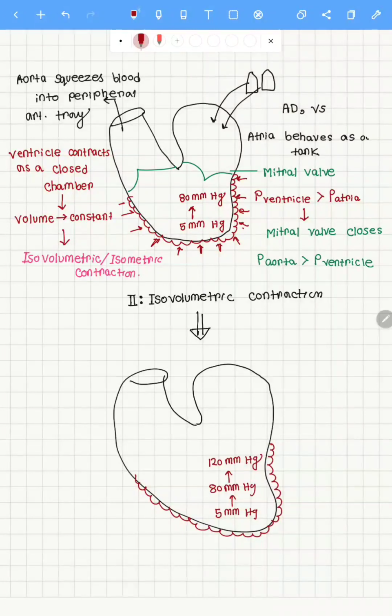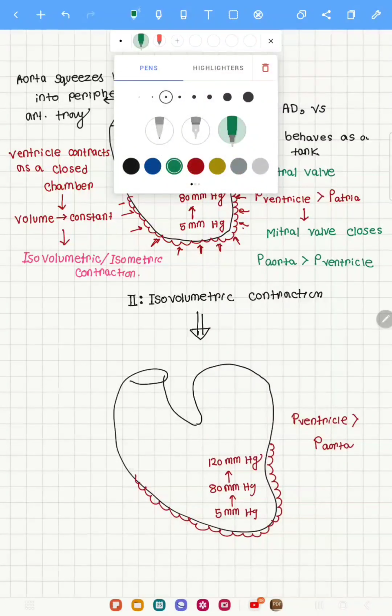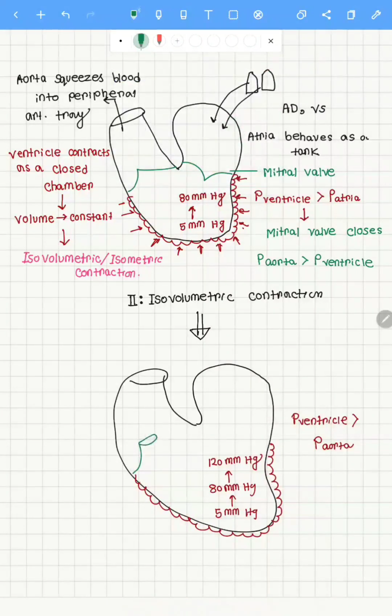Now, the pressure of ventricle will be higher than the pressure of aorta. As a result, the aortic valve is open. But again, pressure of ventricle is greater than the pressure of atria.